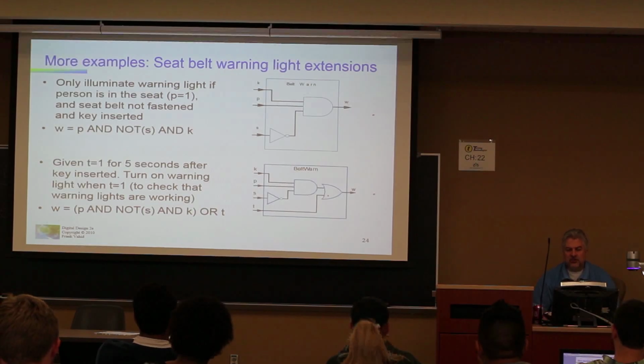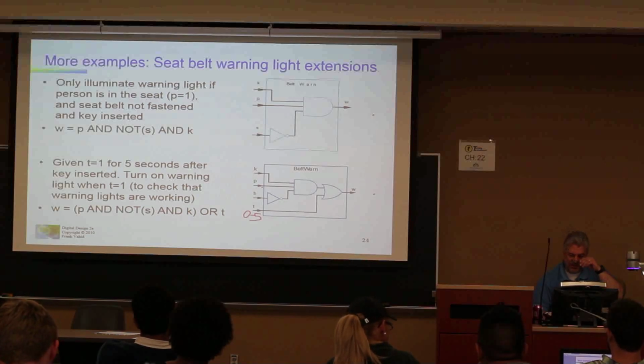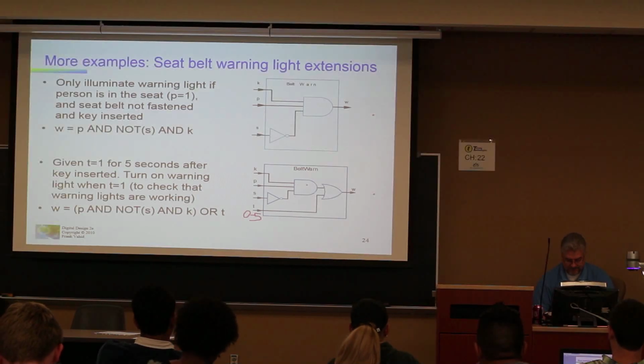So your T is going to be 1 for 0 to 5 seconds, whether or not you have the seatbelt in. Do you understand that now? So I was a little bit off on that. So yeah, this would be the logic for that.